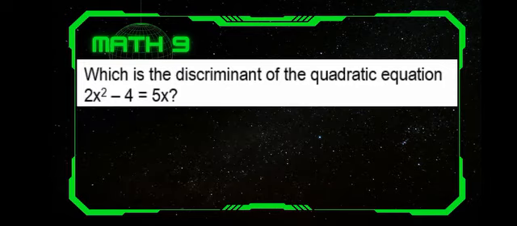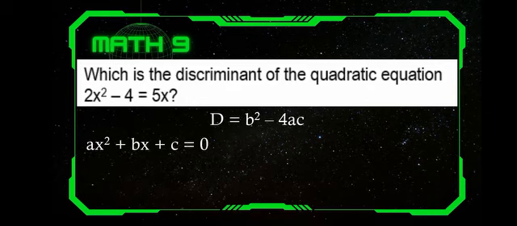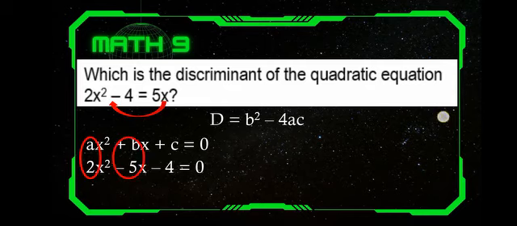Which is the discriminant of the quadratic equation 2x squared minus 4 is equal to 5x? To find the discriminant, the formula is b squared minus 4ac, but we need to check whether your equation is in standard form. So we will change it first. So 5x will be transposed to become negative 5x. A is 2, b is negative 5, and c is negative 4.